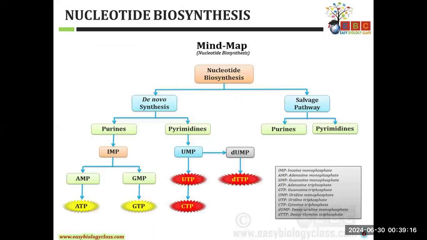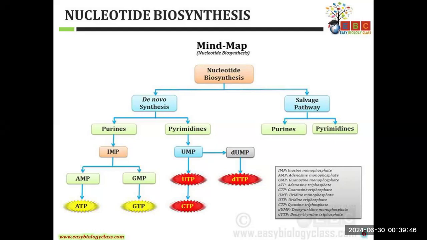As far as the biosynthesis of nucleotides is concerned, there are two pathways by which nucleotides are synthesized. One is the de novo pathway or de novo synthesis, that is the synthesis of nucleotides by adding one by one atom from the scratch and keeps on building the nucleotide ring or nucleotide structure.